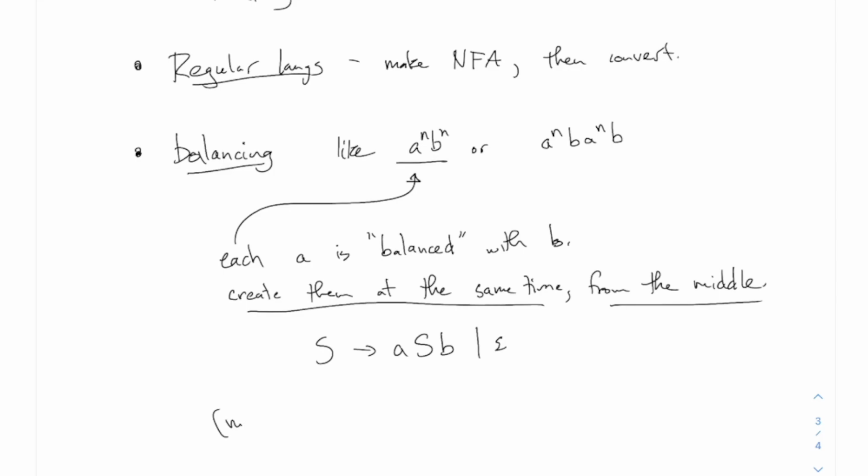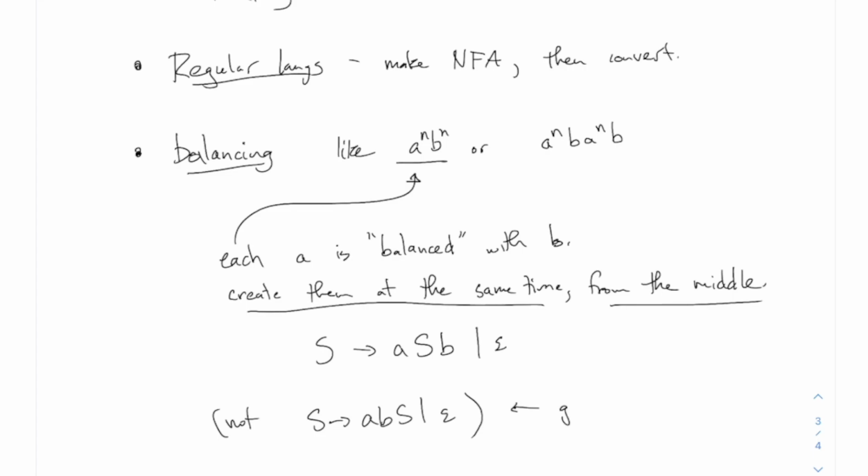I will say it doesn't work if you did something like S goes to A B S, or epsilon, all right? This one still has some kind of balancing. The number of A's will always equal the number of B's in this case, just because every A is matched with a B. But because you put the S on the end there, can you say what kinds of strings will be generated here?